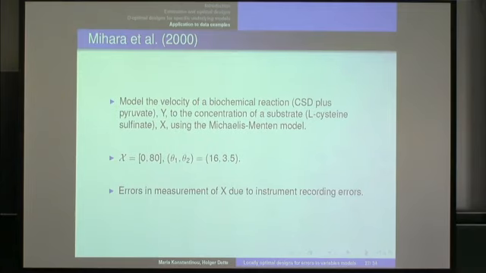In their setup, the design space is the interval from 0 to 80, and they obtain the parameter estimates 16 for theta 1 and 3.5 for theta 2. So any possible instrument recording errors are, of course, errors in measurement, and so we can apply our results for the Michaelis-Menten model.